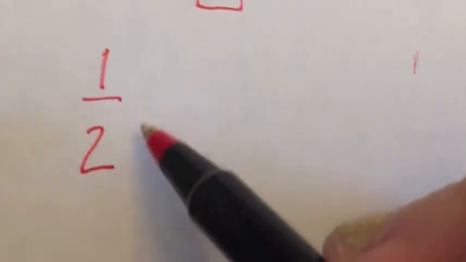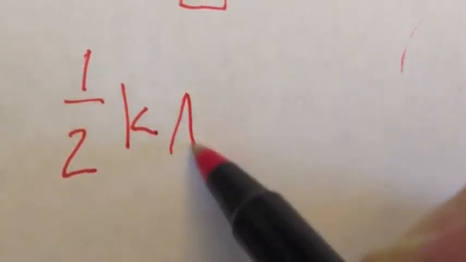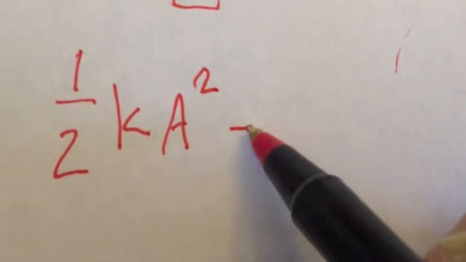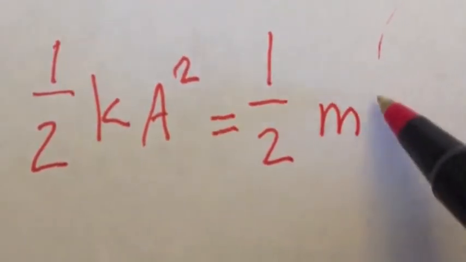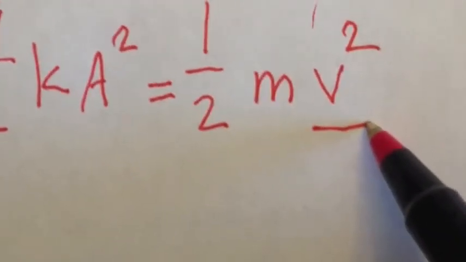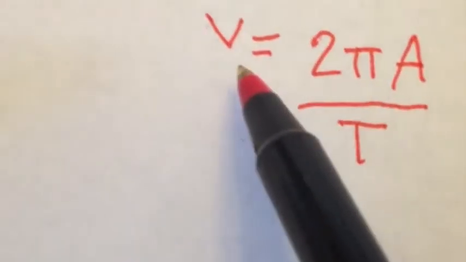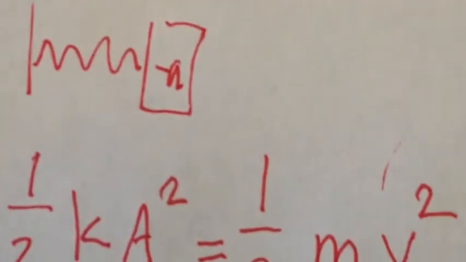And because of this relationship here, the equation would be the maximum potential energy, or 1/2 Ka squared, will equal 1/2 mv squared. And this v here, discussed up here, corresponds together because they are in a periodic relationship.